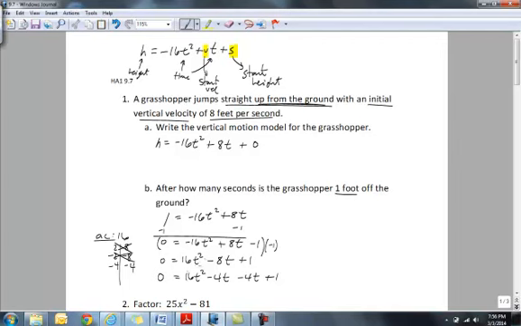Okay, once we have done this, we're going to group. Don't forget to put a plus sign in between the groupings there. We're going to factor out a GCF from each of the groupings. So we come up here, we get 0 equals, from the first grouping, I'm going to pull out a 4t. So 4t, and what's left over is 4t minus 1.